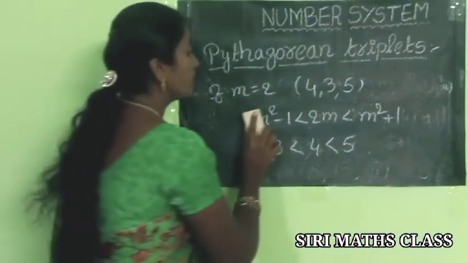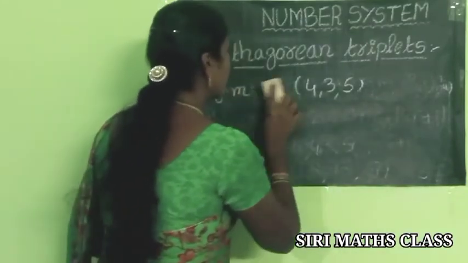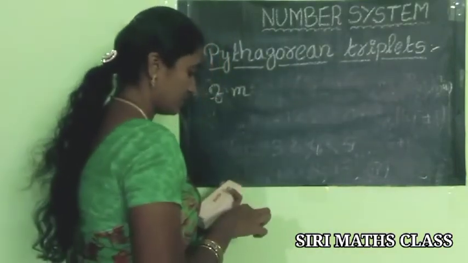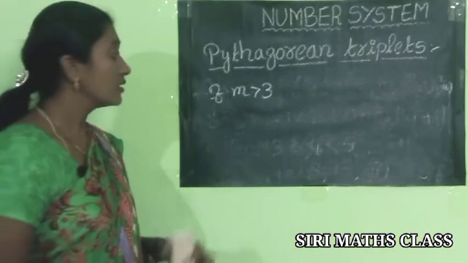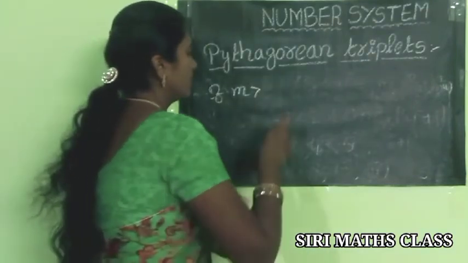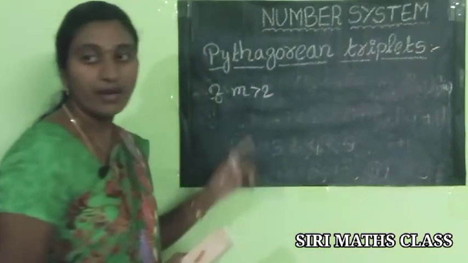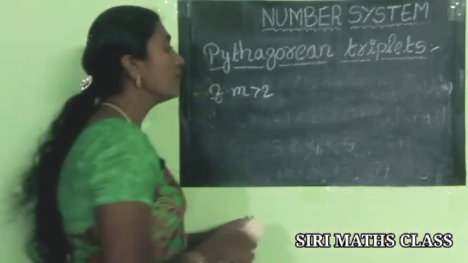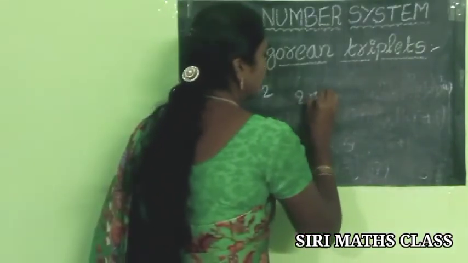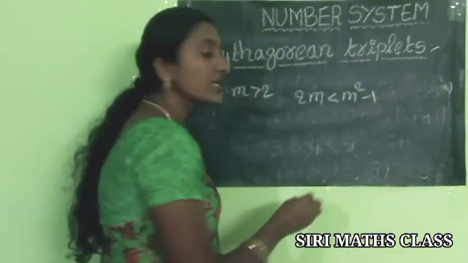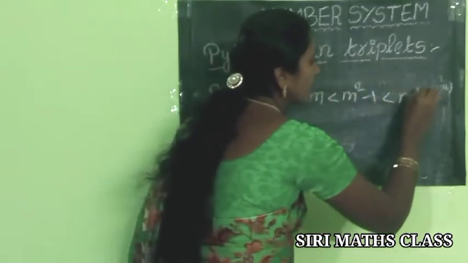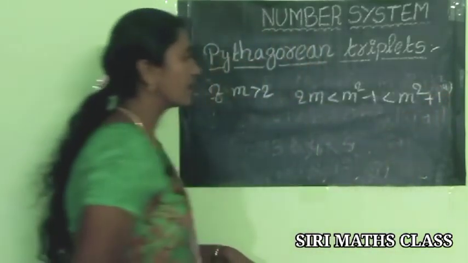Suppose m value is greater than 2. If m value is greater than 2, what is the condition? 2m is less than m square minus 1, less than m square plus 1.